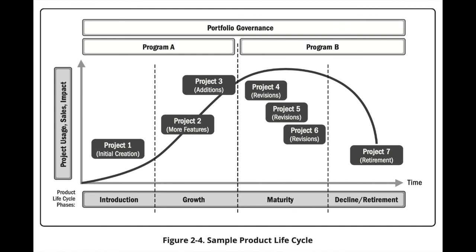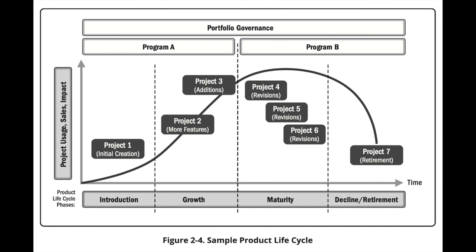At the introduction stage, the initial product may begin as a deliverable of a program or project. At the growth stage, a new program or project may add or improve specific components, attributes, or capabilities that create additional value.